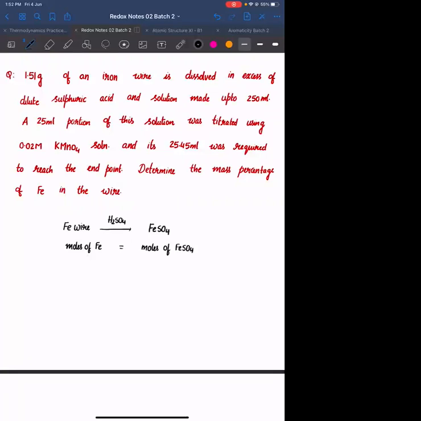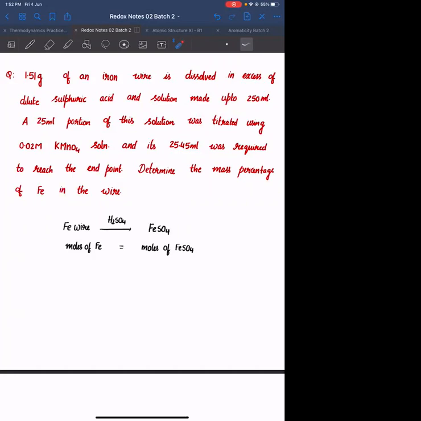You can estimate the moles of FeSO4 by titrating with KMnO4, and you will get its molarity. And the solution was made up to 250 ml. A 25 ml portion of this solution is taken. Whatever molarity this particular solution has for FeSO4, the 25 ml will have the same molarity. Agreed?